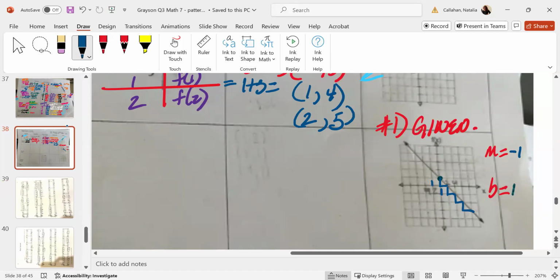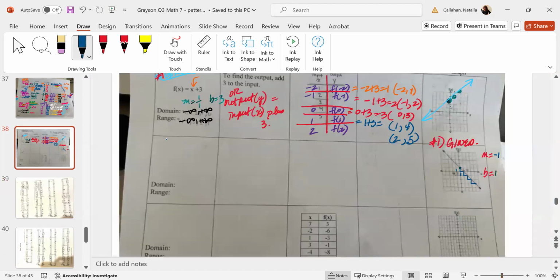Now that you have that, you can go to the very beginning, which is f of x is equal to mx plus b, right? f of x equal to negative 1x plus 1, correct? This is linear, so you know it's negative infinity to positive infinity, or another way of writing this is all real numbers, correct?